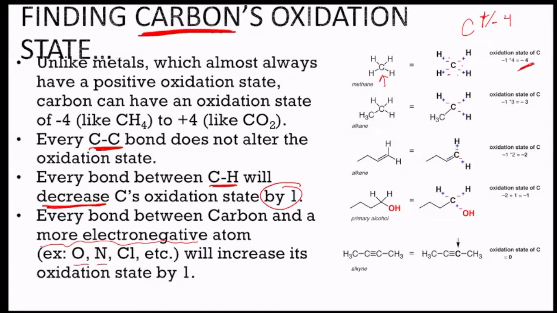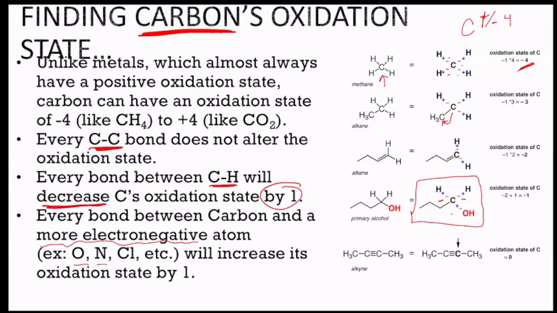Now, moving along here, carbon is bonded to another carbon. That doesn't change it at all, but it's bonded to those 3 hydrogens, -1, -2, -3. This carbon is -3. This carbon has something interesting going on. If we look at this one right here, we get -1, -2 from those hydrogens, but then the carbon is also bonded to an oxygen, which is now pulling the electrons towards it.